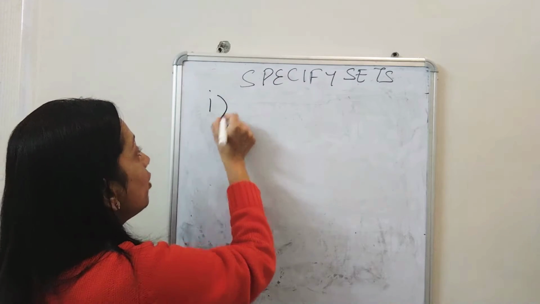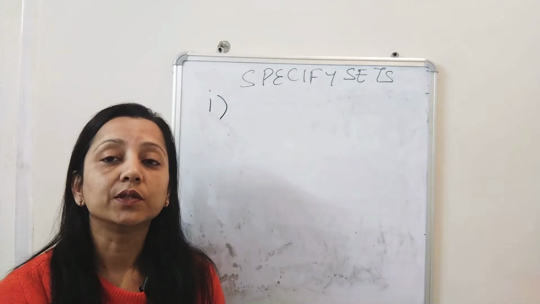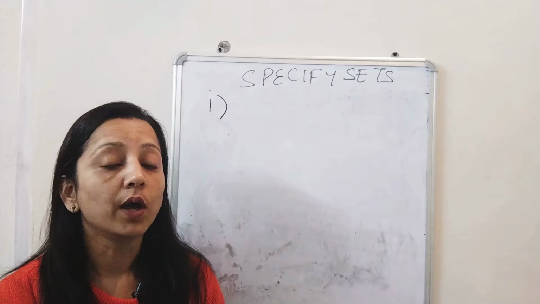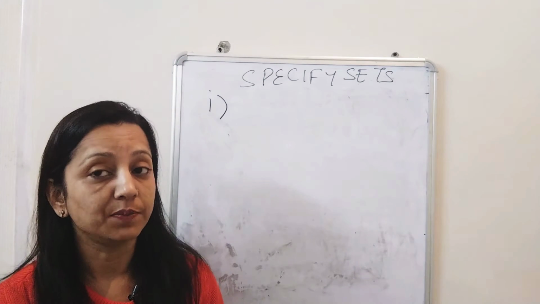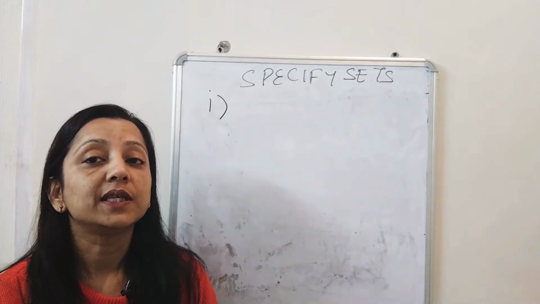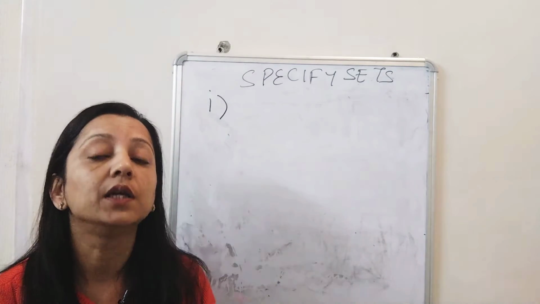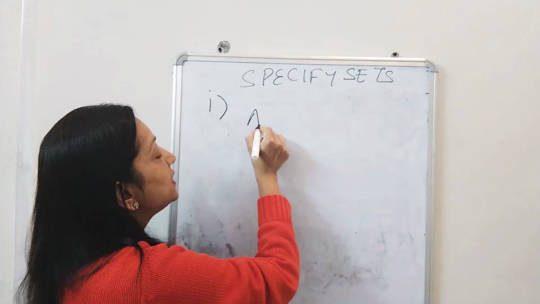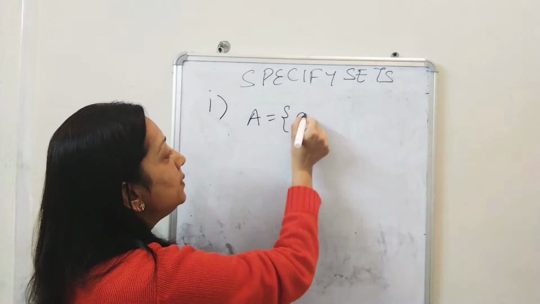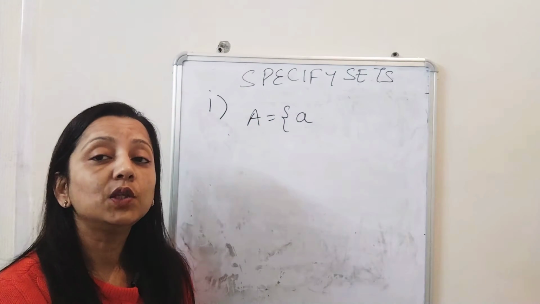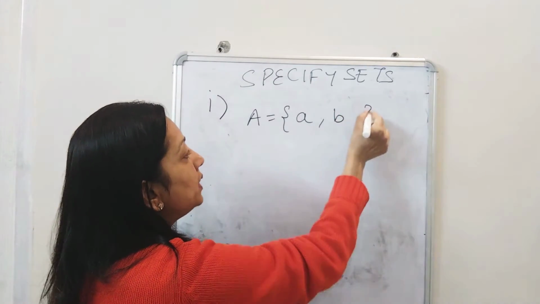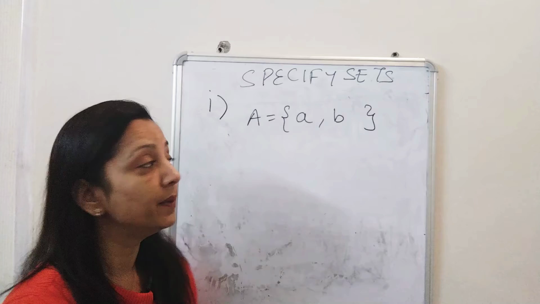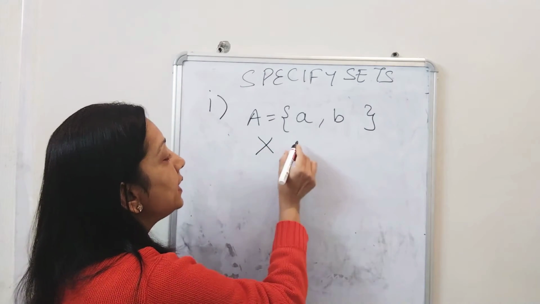Before I tell you the two different methods of specifying sets, you must know that until and unless all the members of a set have been listed out, you cannot say that a set has been determined. Say for example, I take the same example, set A equals A, B, C. Set A has 3 elements A, B and C. But if I only specify 2 elements and do not mention the third element, I do not say that set A is specified.